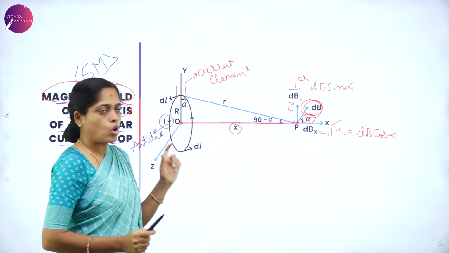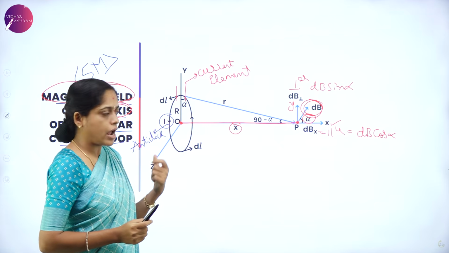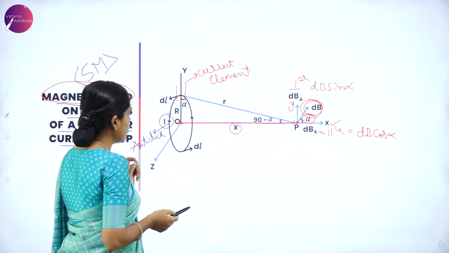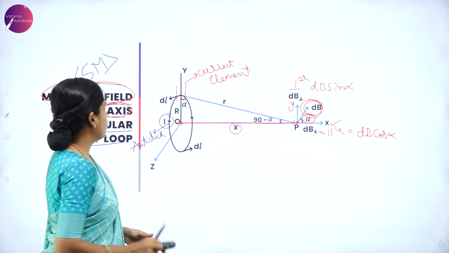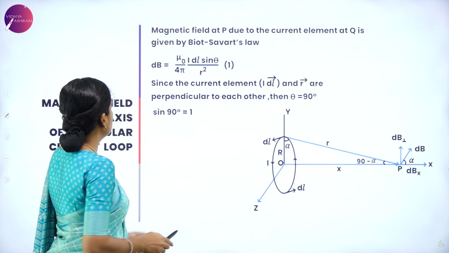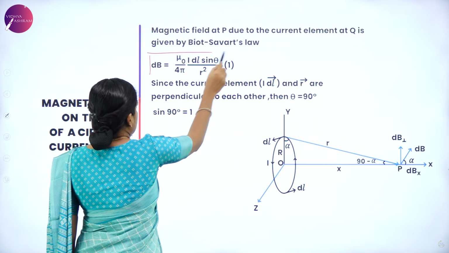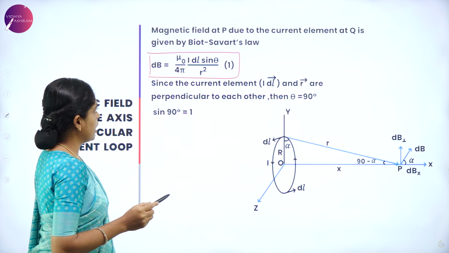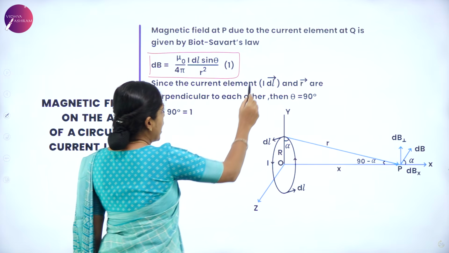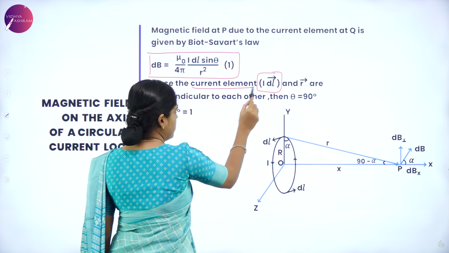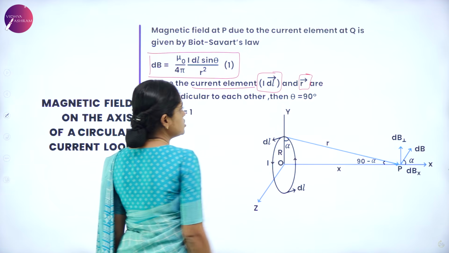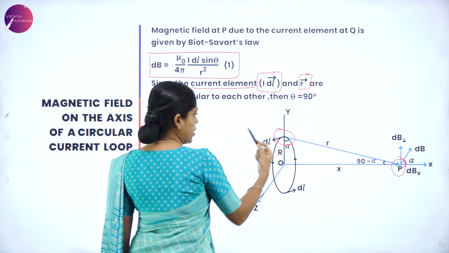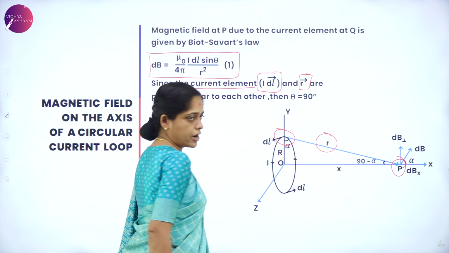So these are the two components of the magnetic field at point P. According to Biot-Savart's law, dB is equal to mu naught by 4 pi, I dl sine theta by r square, where I dl is the current element and r is the distance between the point P and the current element.